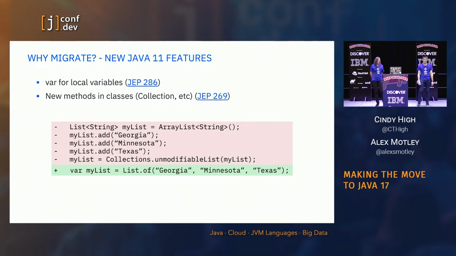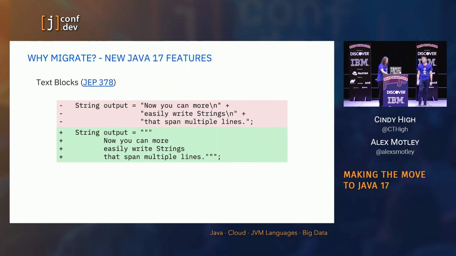This example also shows the new methods that make creating collections easier. We can take 5 lines of code, creating a new variable and adding static content to it, and do that in one simple line.